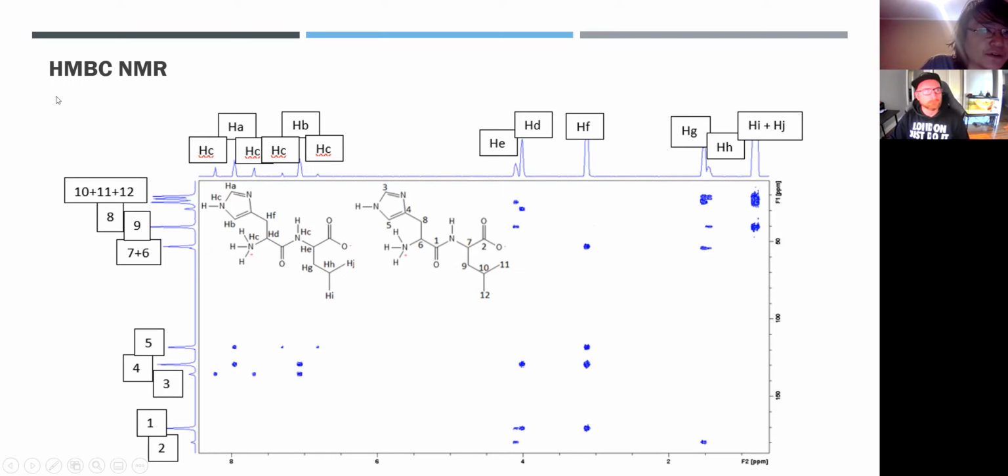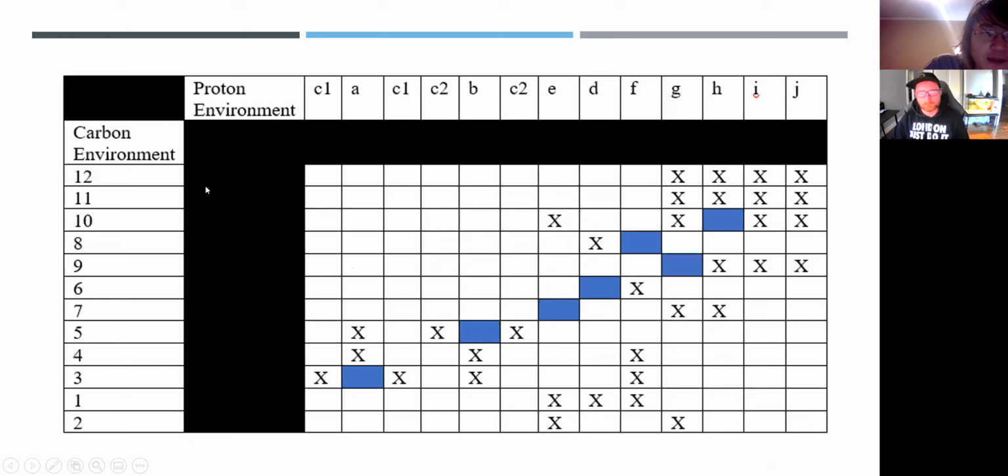And so using the HMBC NMR, we were able to figure out the carbon peak assignments. And that's the correlation table.